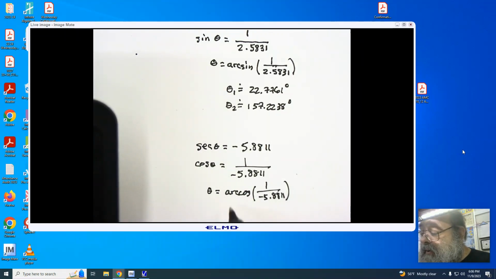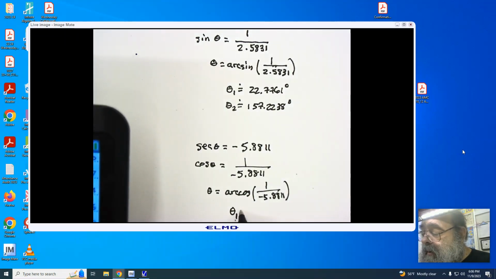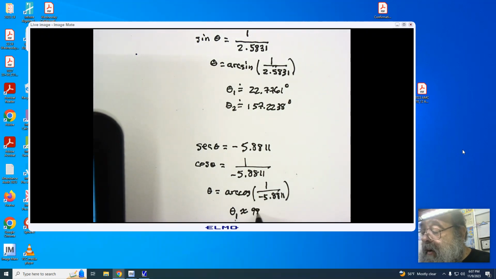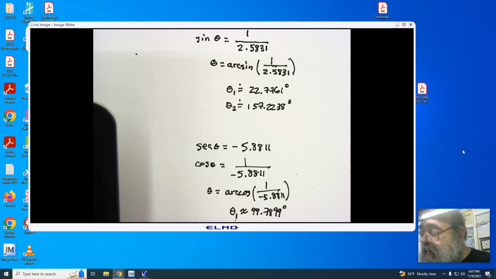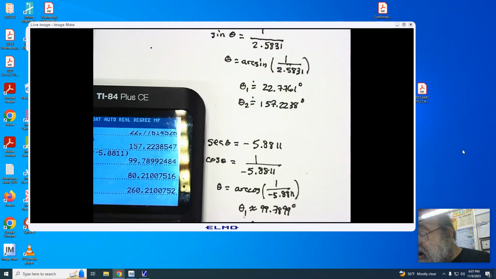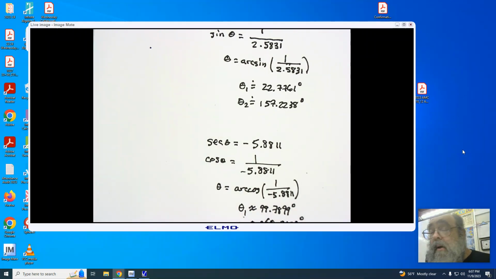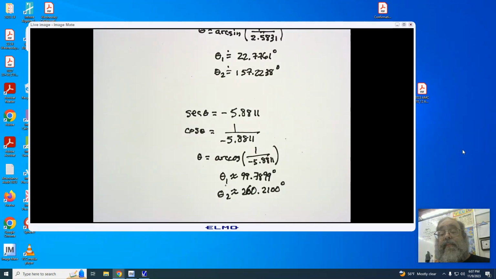So my first answer for theta was approximately 99.7899 degrees, and then my second answer was the one that we just found, 260.2100 degrees. There's my second answer.